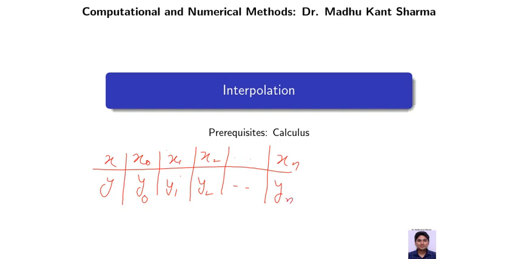So this first row is called the set of nodes, okay, and the second row is called here the ordinates.